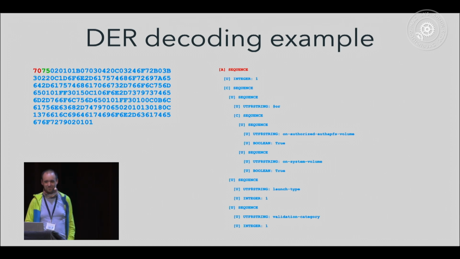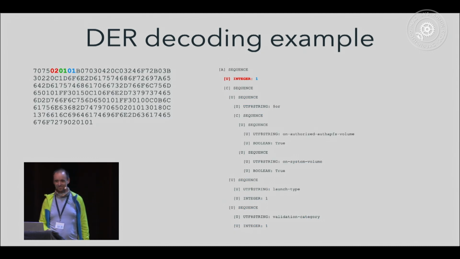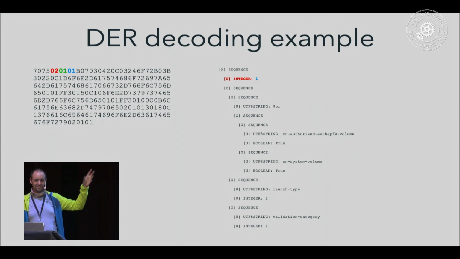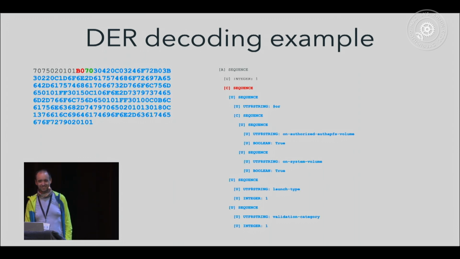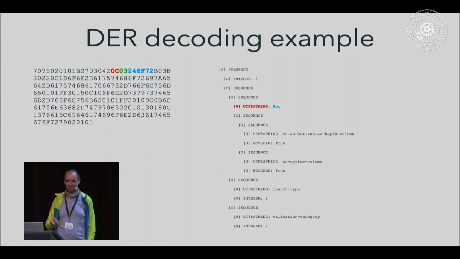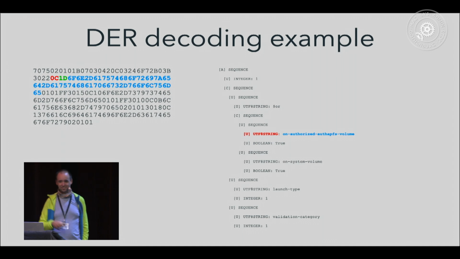First we have a type, which is sequence, then we have a size, 75, and then we have the data. So basically the first sequence is the whole thing. Then we have an integer, it's 2, size 1, value 1. Then you have another sequence, and then inside the sequence another sequence. Then you have a string, and then another sequence inside another sequence. Then you have a string.